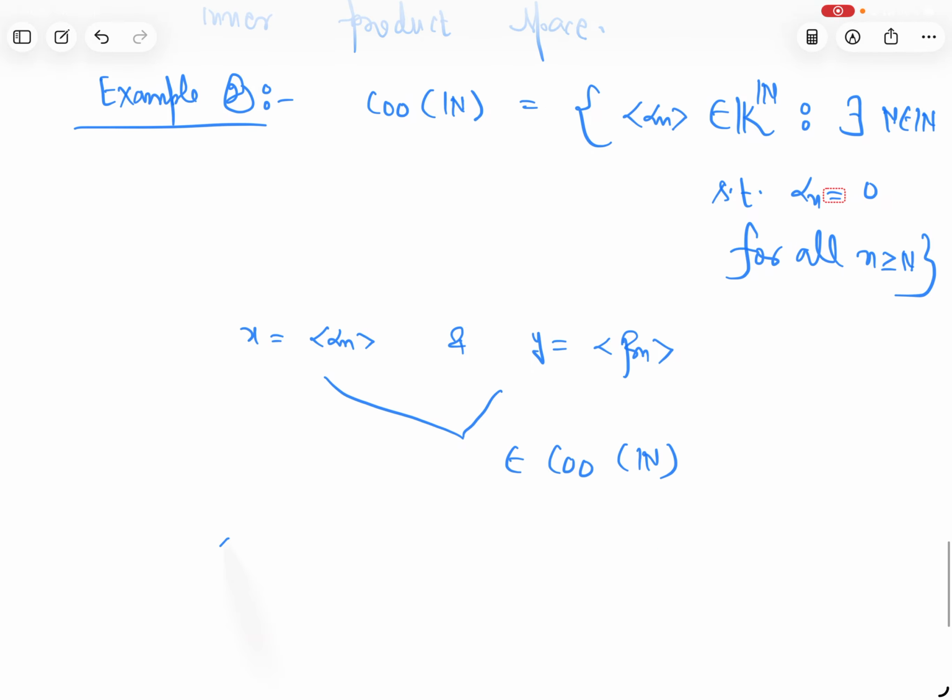Then I can define the same inner product in the same way, sum of alpha_n beta_n bar.